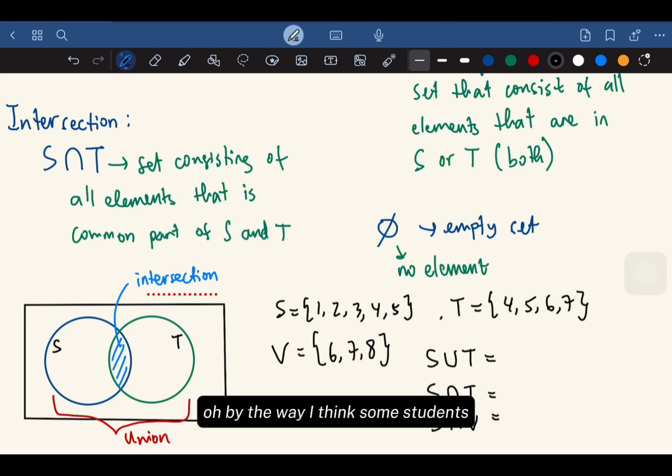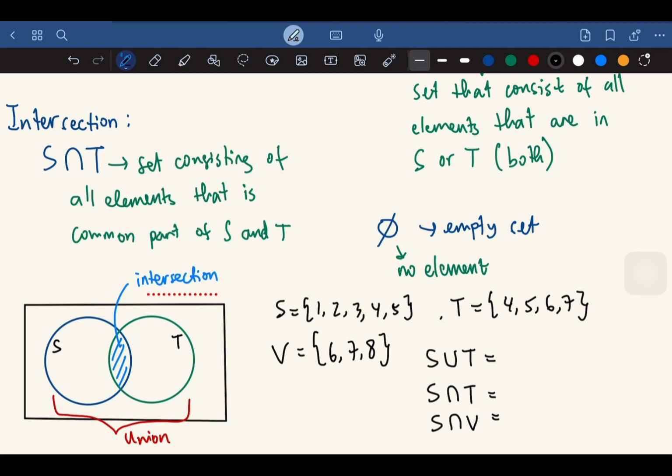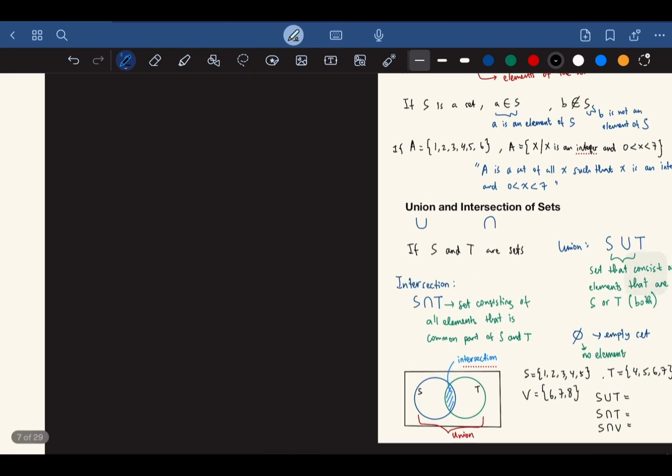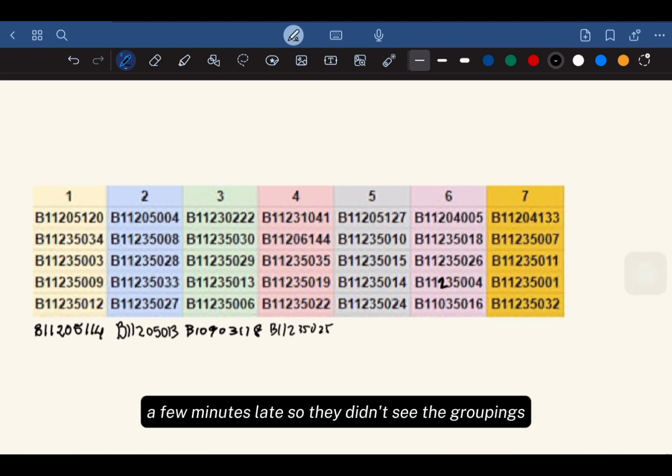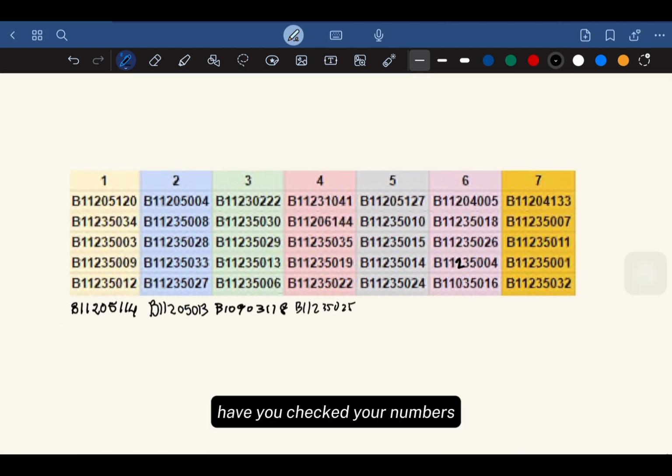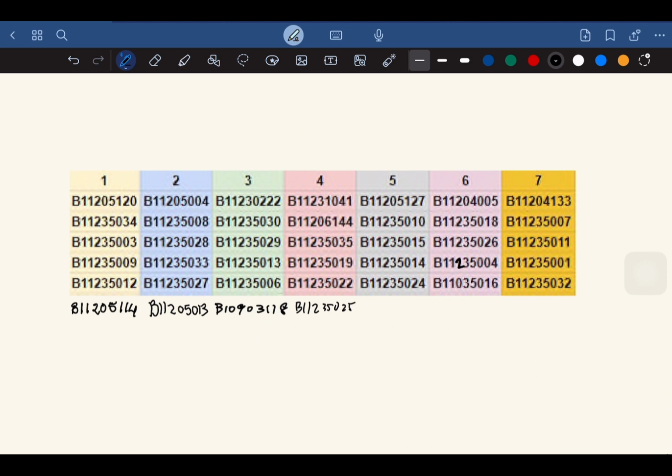Oh, by the way, some students get into class a few minutes late, so they didn't see the groupings. Have you checked your numbers? Anyone up there?